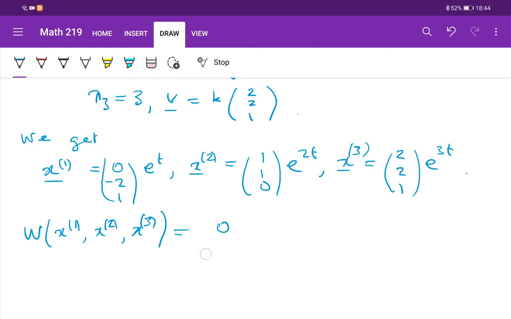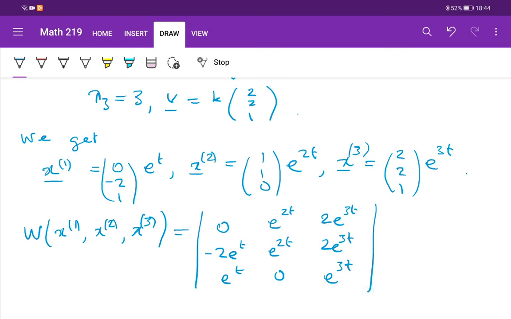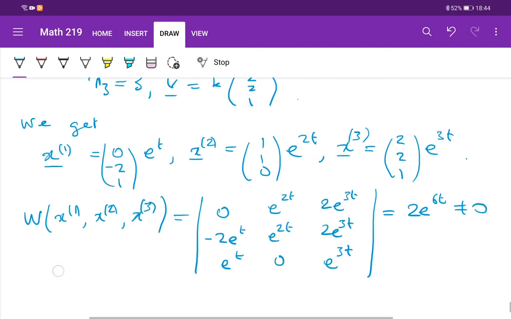So you get 0, minus 2, e to the t, e to the t, e to the 2t, e to the 2t, 0, and 2 e to the 3t, 2 e to the 3t, e to the 3t. And when you compute the determinant of this, you get 2e to the 6t, and this is never 0. So the x1, x2, and x3 are linearly independent.